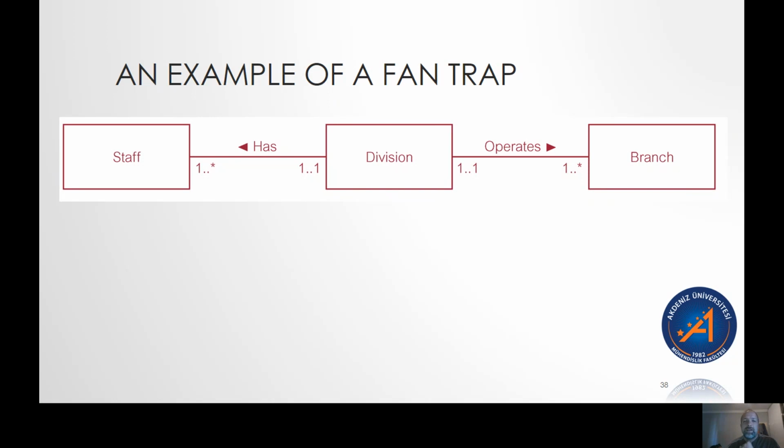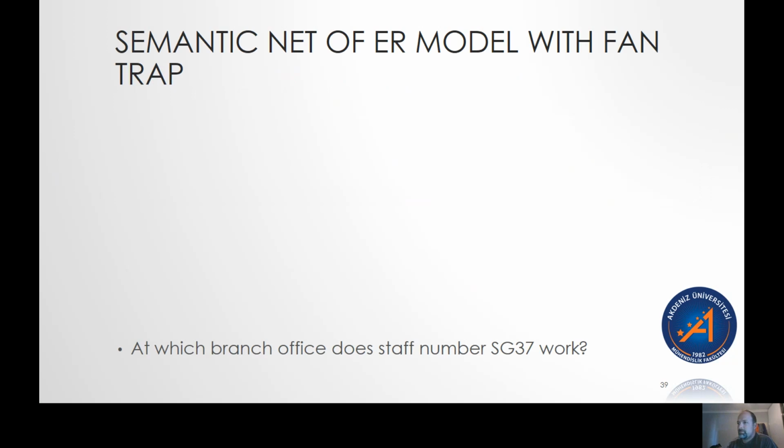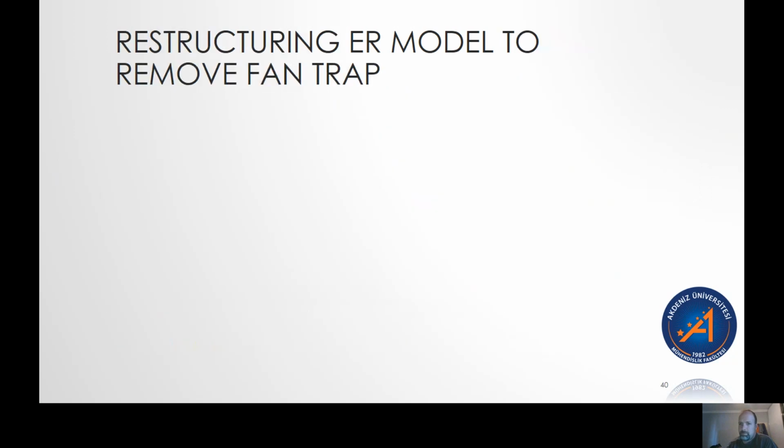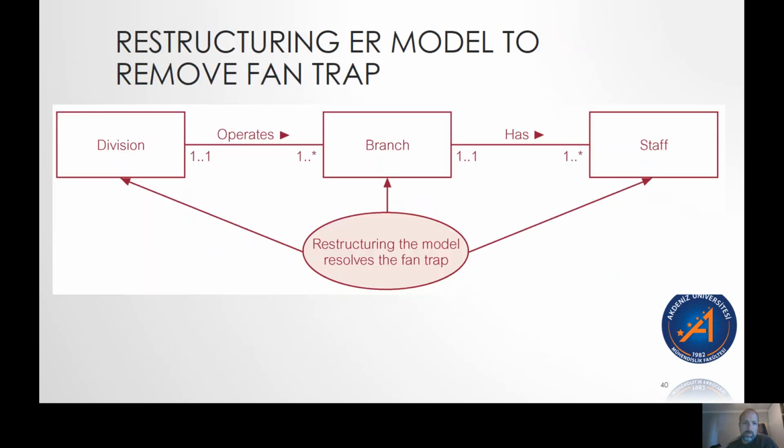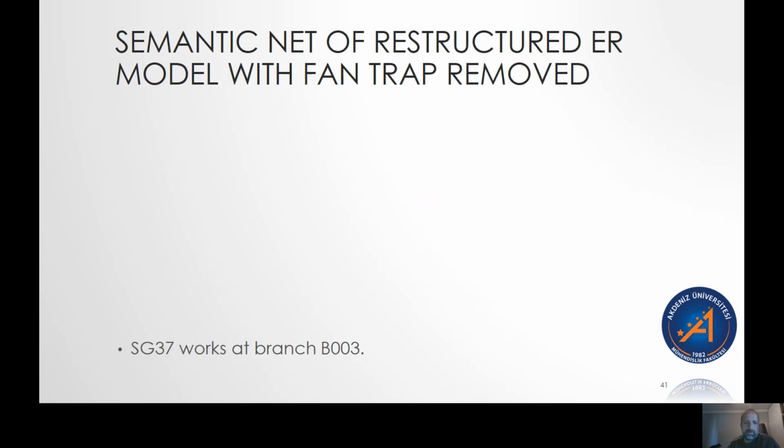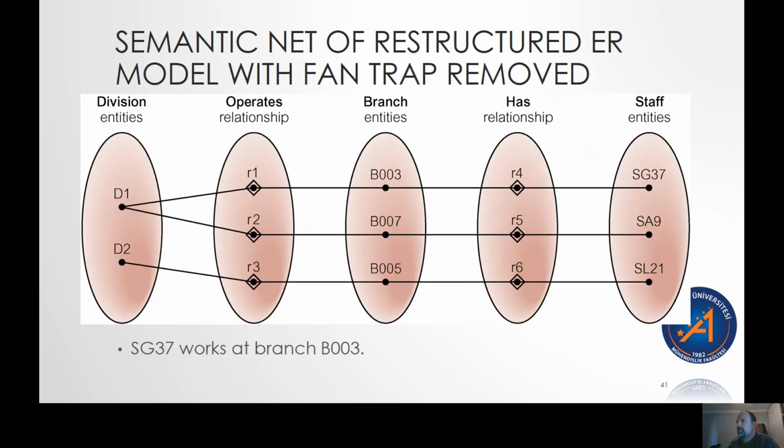Because what we're going to find when we get into the normalization lecture next time is that if we add a different relationship here, there's a whole lot of new stuff that we have to deal with. That's a problem. Okay. All right. So we restructure like this with the fan trap removed and the new semantic net.